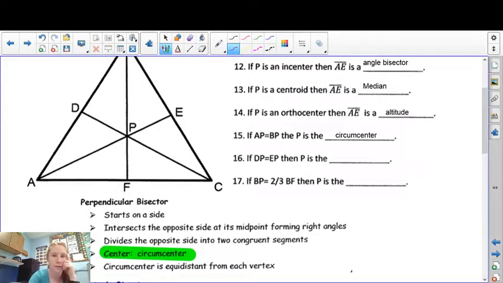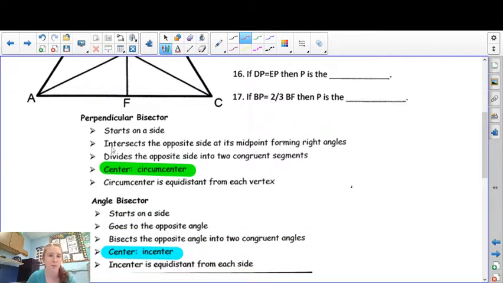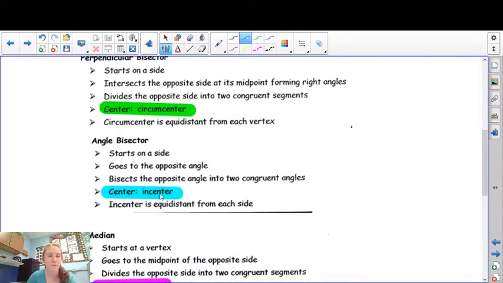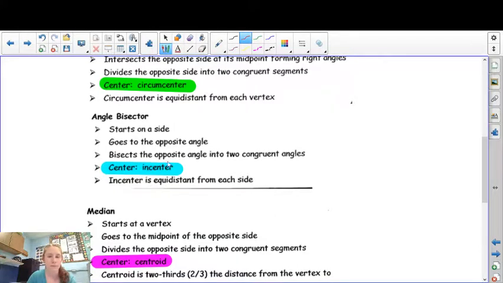If DP is equal to EP, then P is, okay, well, it can't be perpendicular bisector because we just had that one. Starts on the side, goes to the opposite angle, bisects the opposite angle into two congruent parts, equidistant from each side.